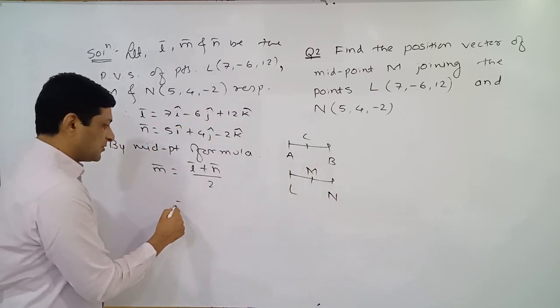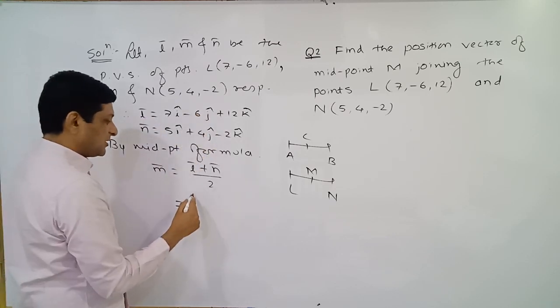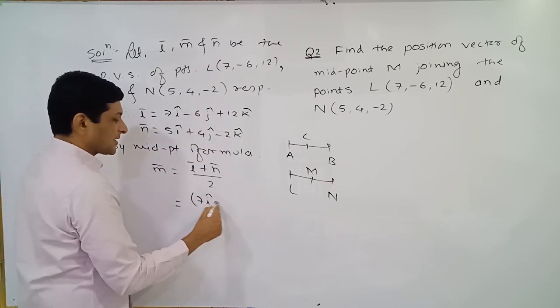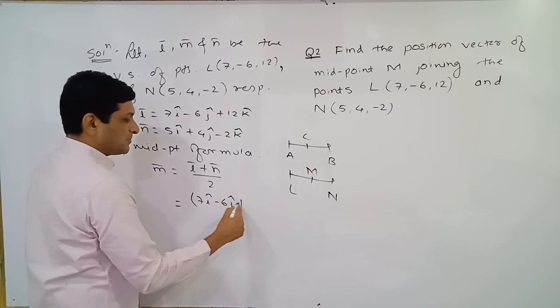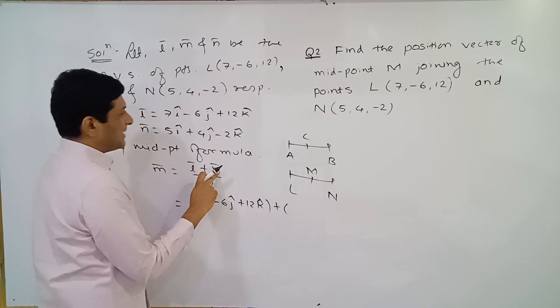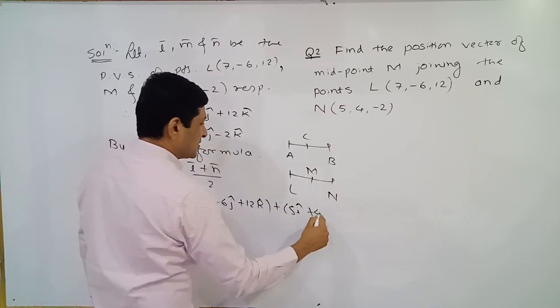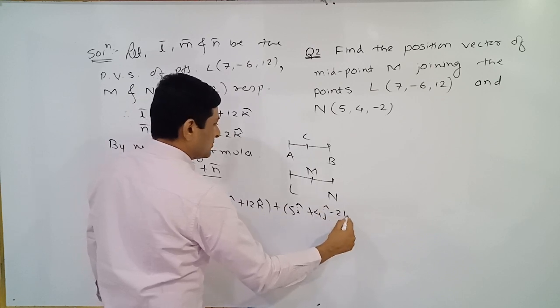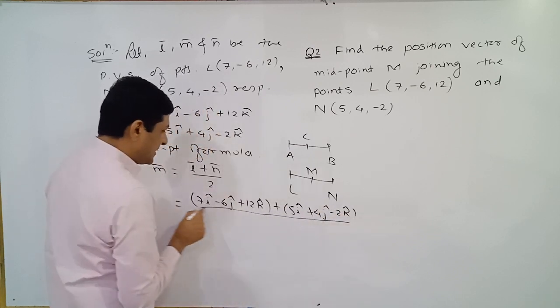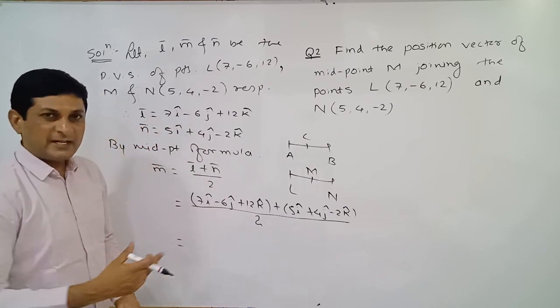Now we substitute the value of L bar. L bar is nothing but 7i cap minus 6j cap plus 12k cap, plus the value of N bar, which is 5i cap plus 4j cap minus 2k cap, all divided by 2. Keep it as it is. Now let us simplify it.